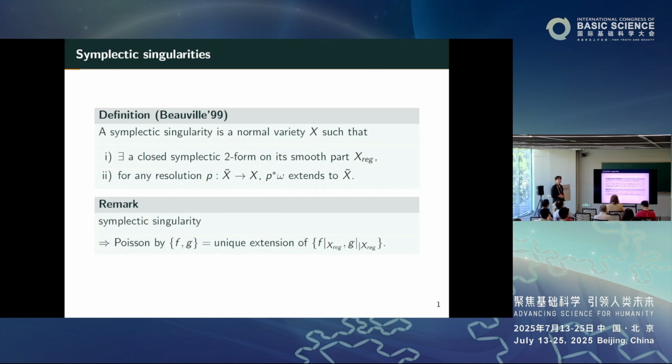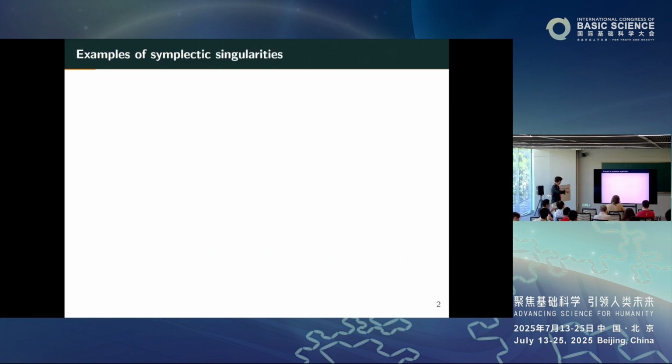And this symplectic singularity often appears in representation theory. Let me show you some examples. Of course, a smooth holomorphic symplectic variety is trivially a symplectic singularity.